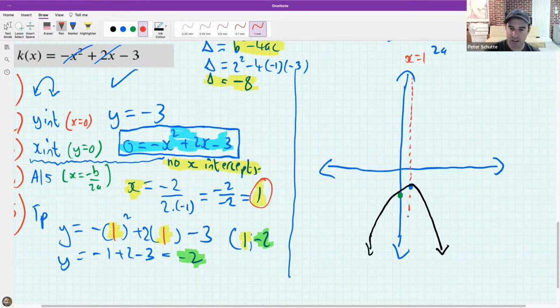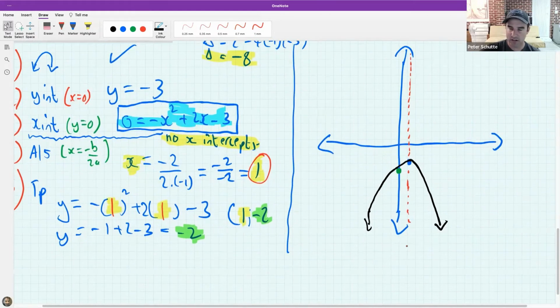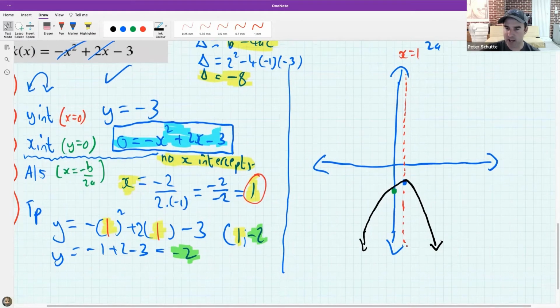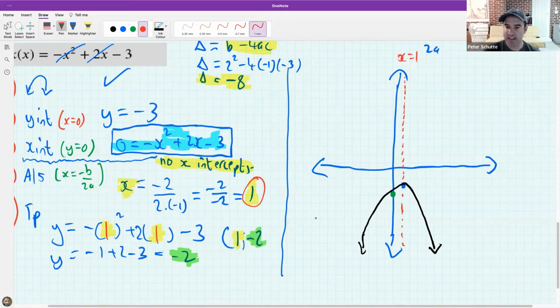Can you see that this graph never ever cuts the x-axis? Give me a thumbs up if you see why it never cuts the x-axis based on the drawing. That's why when you were solving for the x-intercepts, you would never get an answer.